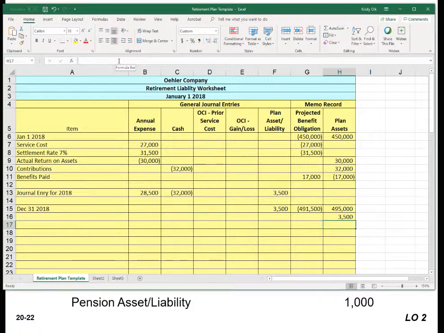This tells me that I absolutely did do all of my calculations correctly.